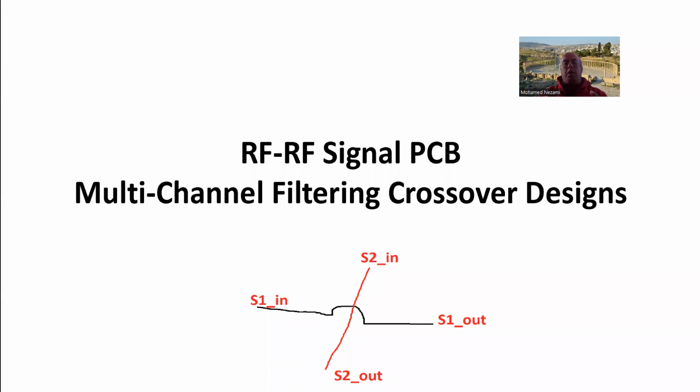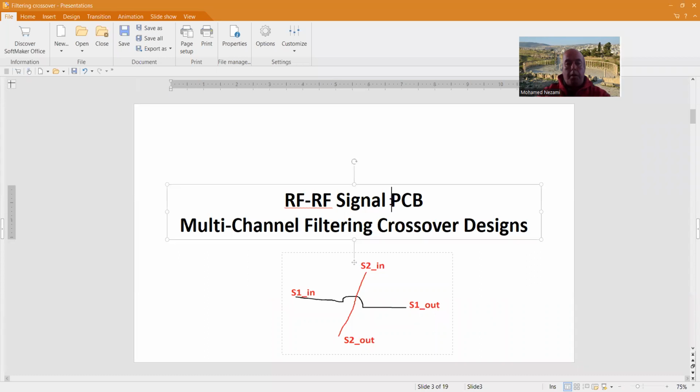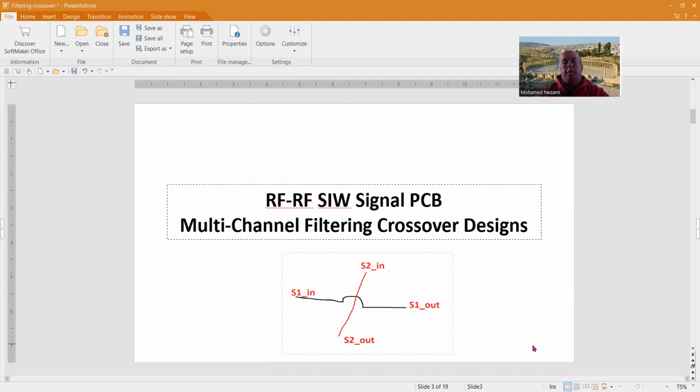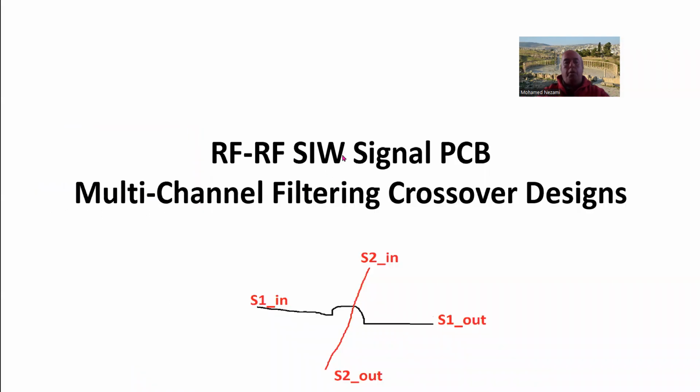And then eventually when they stack this more and more, and particularly for the SIW, and in fact this is RF to RF substrate integrated waveguide. This is what we really want to cover. It has to be based on substrate integrated waveguide.